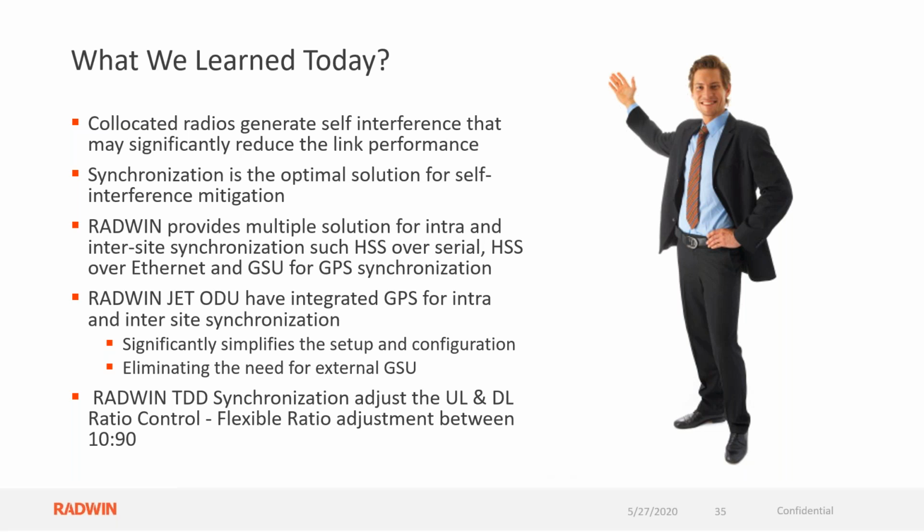When you deploy GPS and an external GSU, you need to make sure about the uplink downlink ratio, especially when you are running CCTV or video, where you need more uplink than downlink.